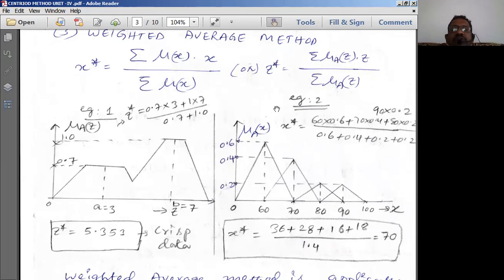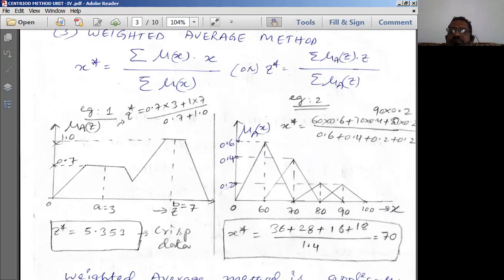Similarly, we can apply it for this particular combination of fuzzy sets. So first of all, what is this maximum? I have 0.6. Now in terms of this data, you can also write x into sigma of mu of x. So here I am writing 60 into 0.6 plus 70 into 0.4 plus 80 into 0.2 plus 90 into 0.2 plus 100 into 0.